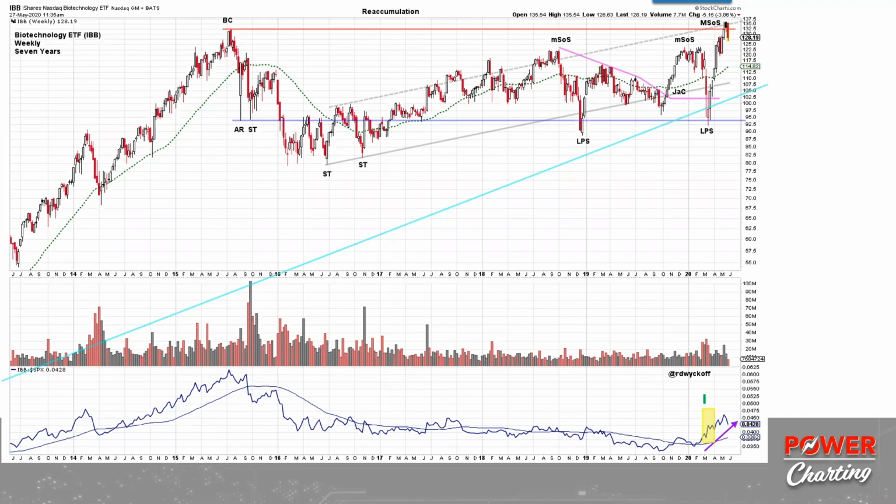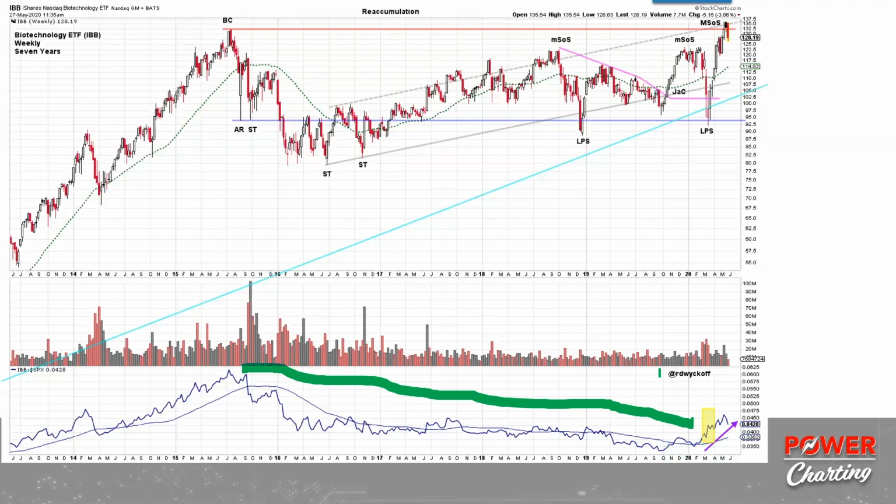But also notice something very important: the relative strength has turned up. It's turned up through the long-term moving average. We have an arrow drawn here, which shows that after a very long period of underperformance in relative strength, all of a sudden biotech appears to be in the emergence of important new leadership. This is what we want to see.